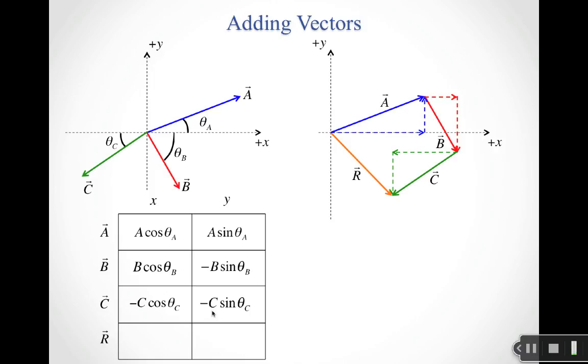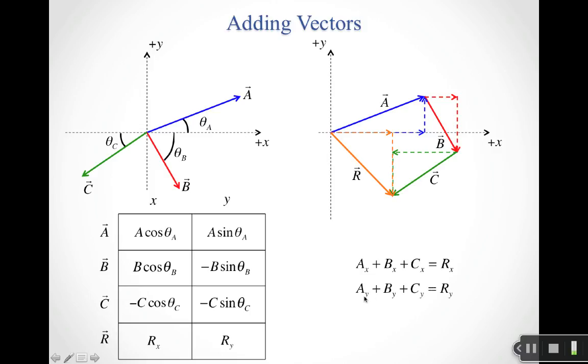And so basically our vector addition problem, which we had written as a vector equation, all that means is that we get to do one addition problem per dimension. So we'll have Rx is equal to Ax plus Bx plus Cx, right? The x component of the resultant is the sum of the x components of your three vectors.